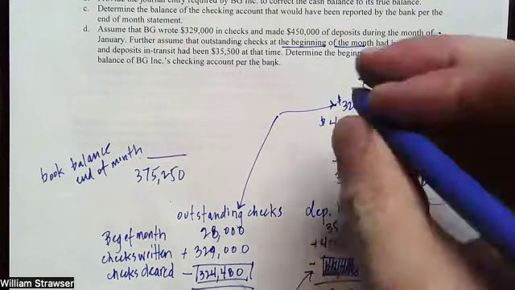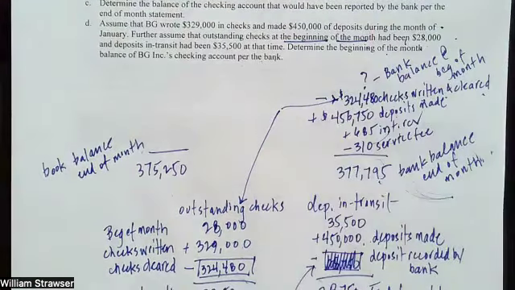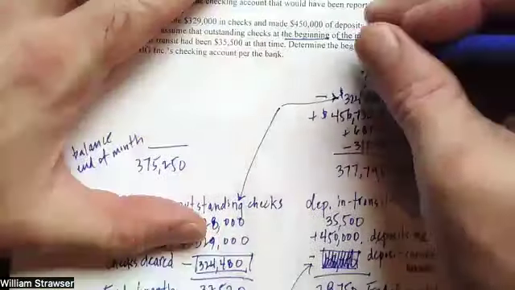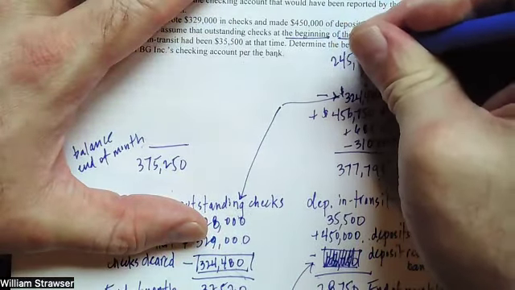So the deposits made will add to the account, the checks cleared reduce the account. We're on the bank side of things. And so I get that the bank balance after I solve for that should be 245,150.